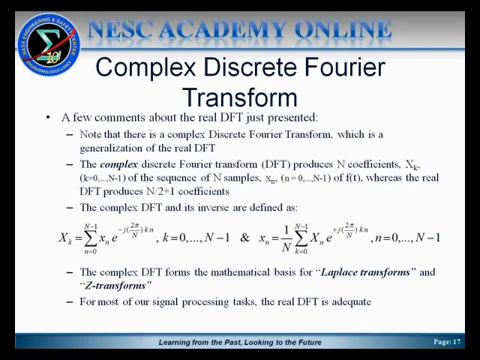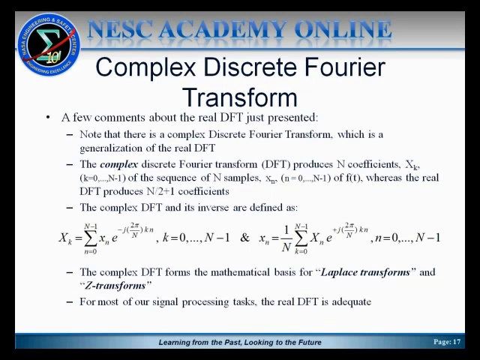So, having said that, the complex discrete Fourier transform and its inverse, or the synthesis equation, are shown by the equation at the center of this slide. And that says basically the DFT coefficient x sub k is the summation from n equals 0 to capital N minus 1 of the sequence of values x sub n times e to the minus j times 2 pi over n times kn, where k, the index of the coefficients of the discrete Fourier transform, runs from 0 up to n minus 1.